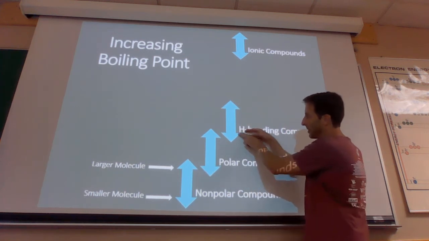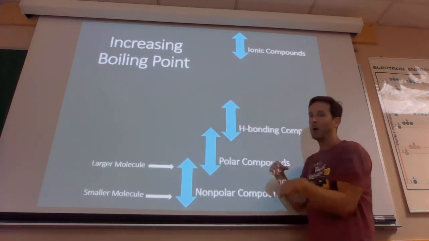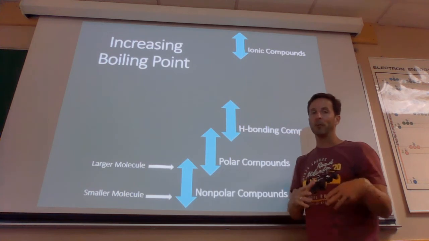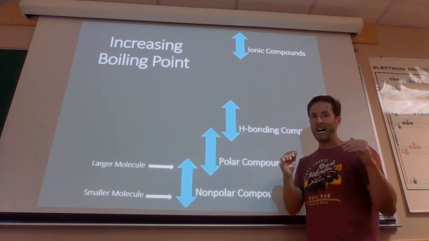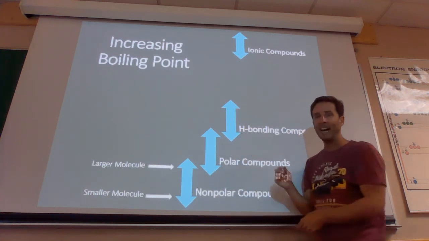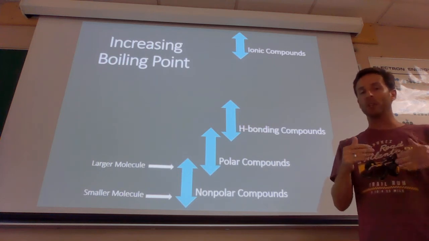And even some of the hydrogen bonding ones can come down. So it's a range where most of the time we can put them in this order, but that only really works if they're all of similar size. When the sizes are very different, then we can get some crisscrossing between these, and it makes it a little bit harder.